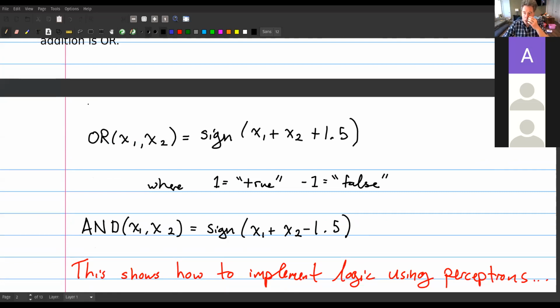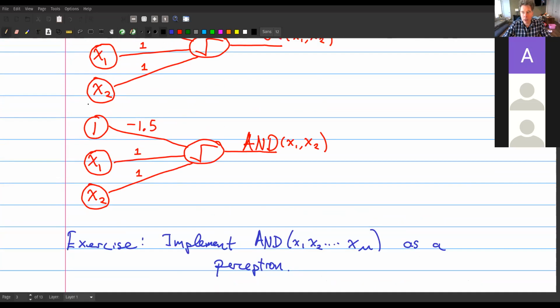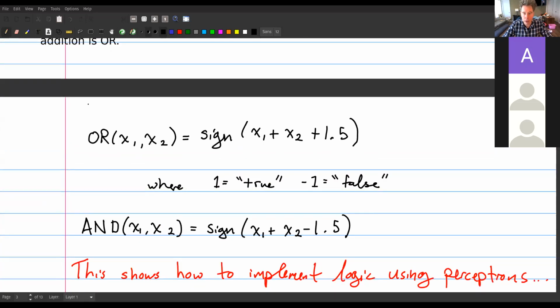All right, so we're going to build exclusive OR using perceptrons. It's going to take more than one perceptron, and this is the first example of a neural network when we get it all together. So first we need a way of saying OR in terms of the language of the perceptron. You can do that like this.